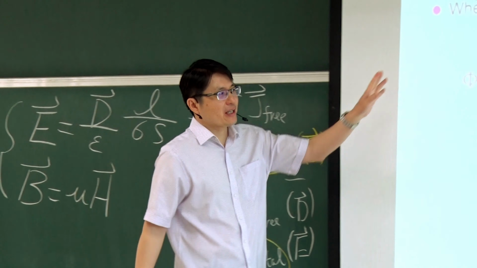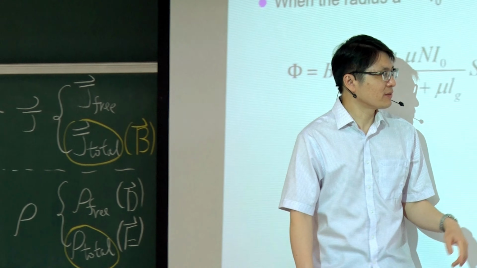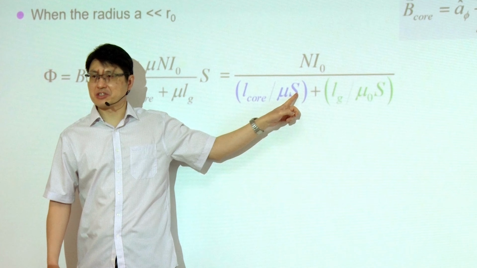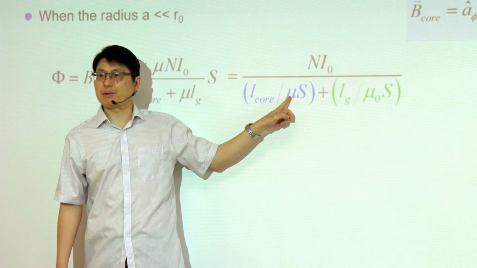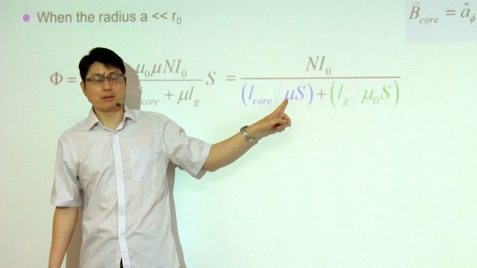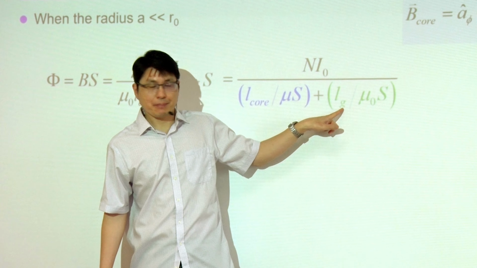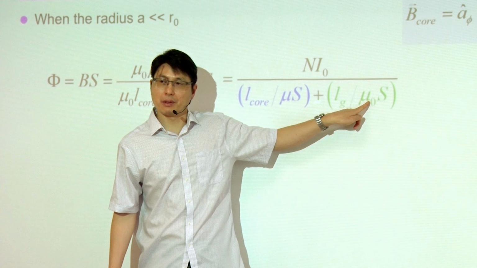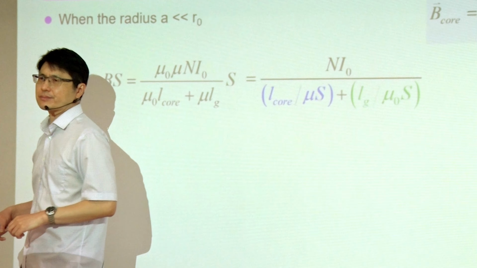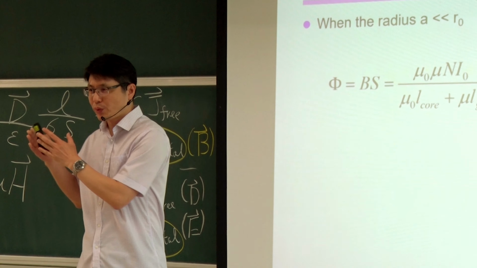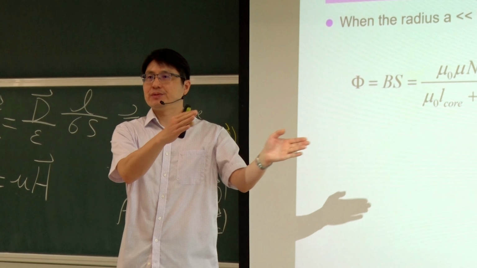Now, you look at this mathematical formulation. I have the length of the core divided by its surface area and also divided by its mu, permeability, plus L gap, its own permeability, its area. Can you somehow guess which direction I am leading you to?